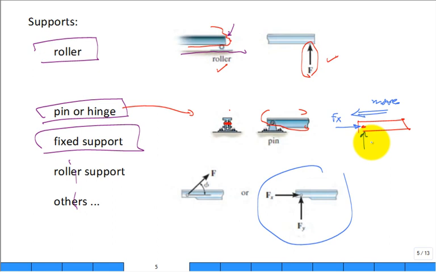And likewise, F of Y. This is the most common. If somebody said, I just want one magnitude of a force at an orientation, that's least common. You can do it that way as well, but there are two unknowns, just like there are two unknowns modeling the pinned hinge.